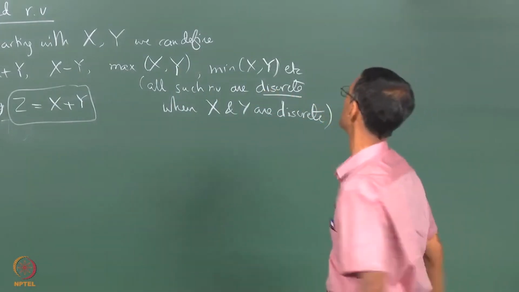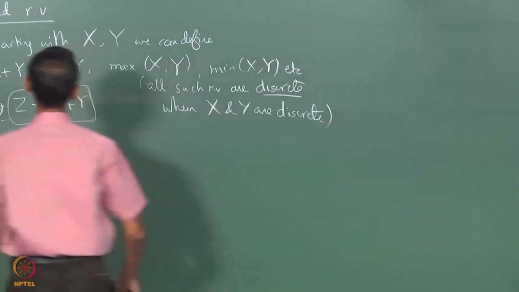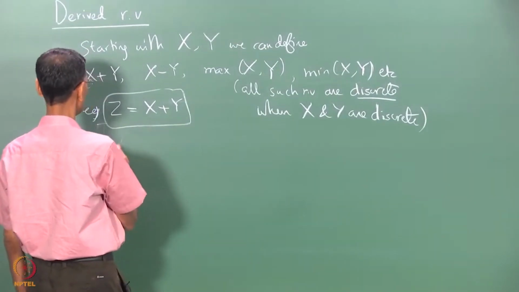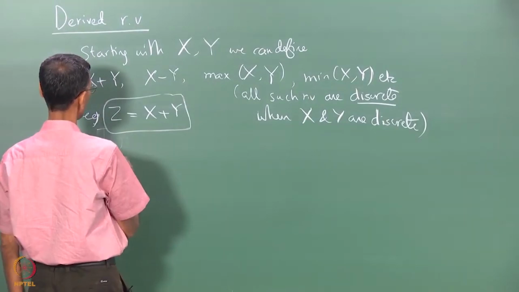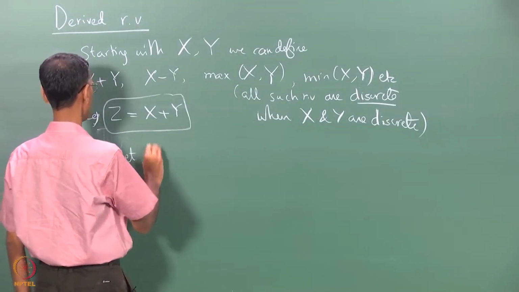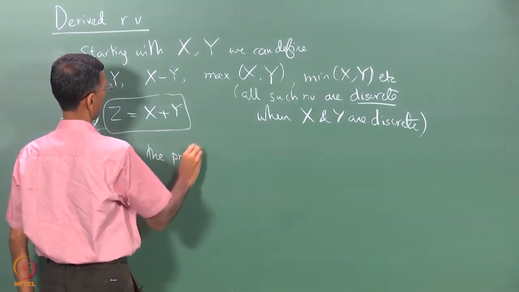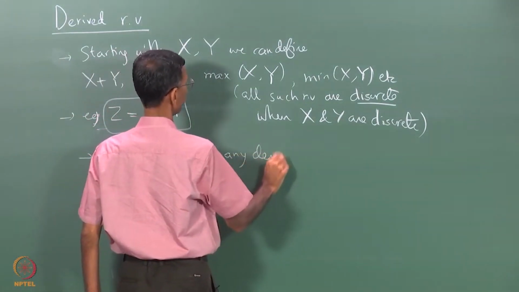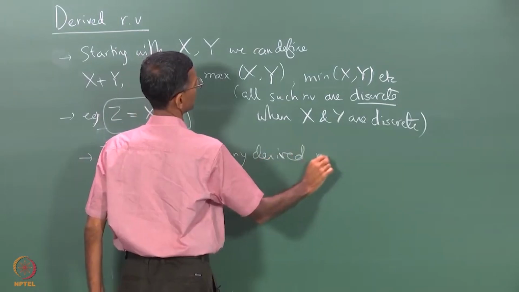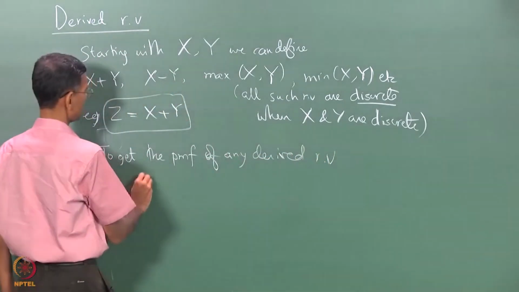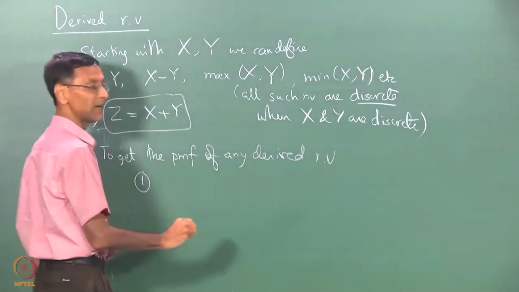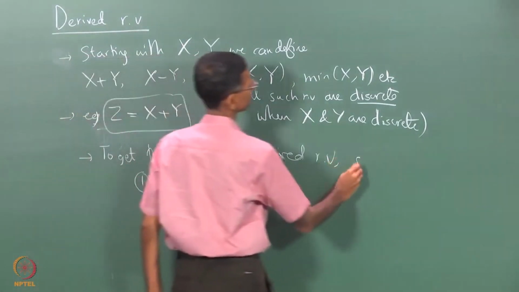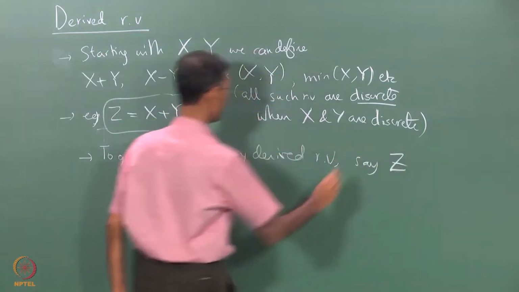So as of now we have z equal to x plus y, and we pointed out that we could get the PMF of z, or of any derived random variable. What are the two steps? The first step is to determine omega for that random variable, for z let us say.